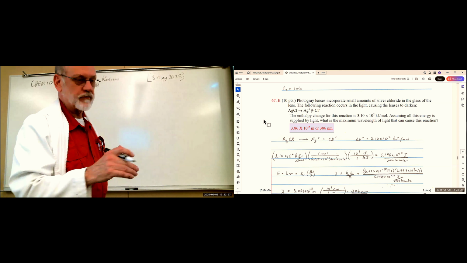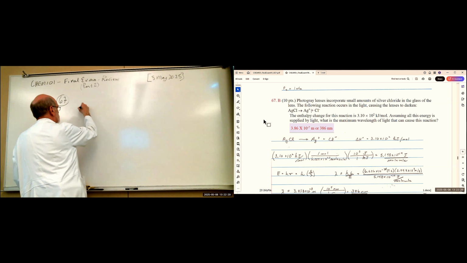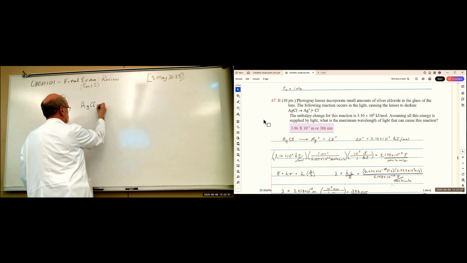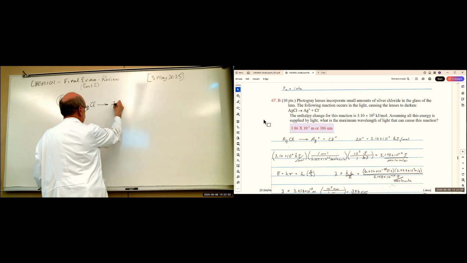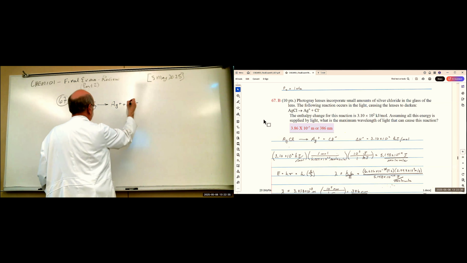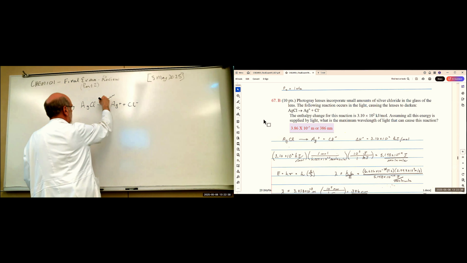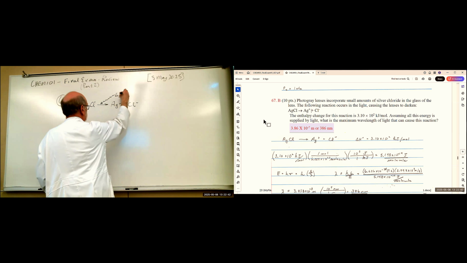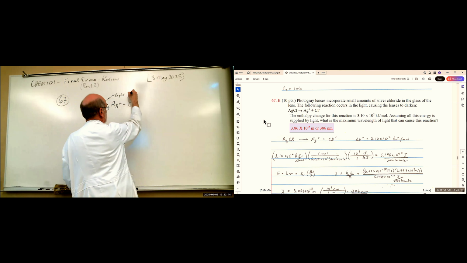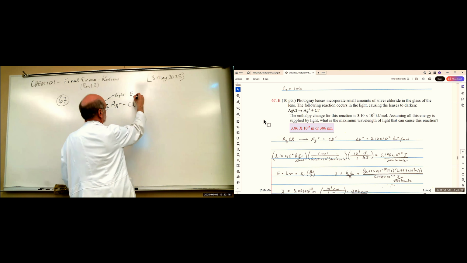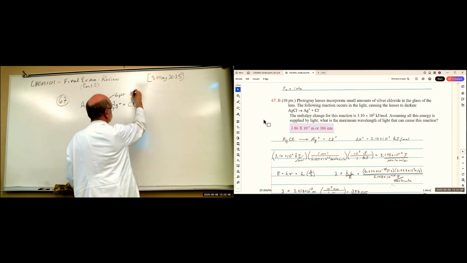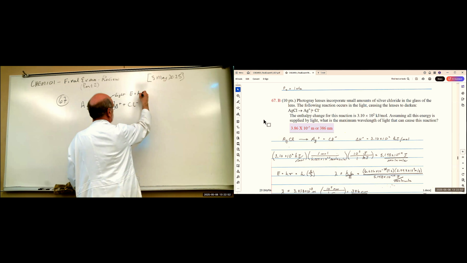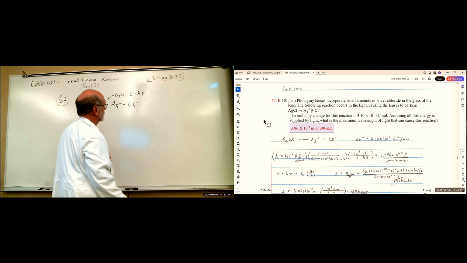Okay, so the energy of that light is equal to Planck's constant times the frequency.